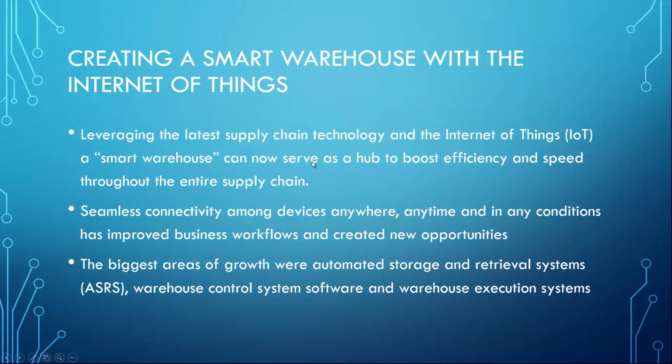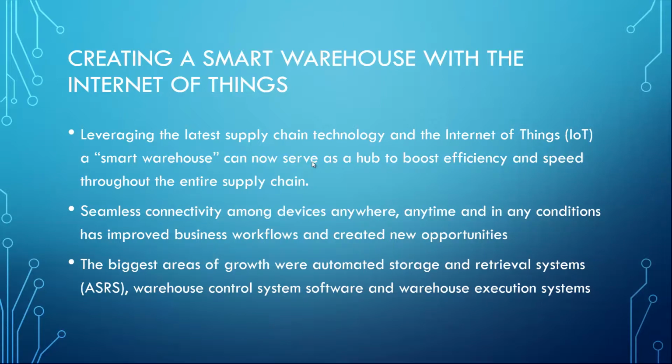New warehouses are connected with all types of technologies, including sensors, cameras, scanners, mobile devices, and many other things. All these devices are connected with each other through the internet. This type of technology is called Internet of Things, where all these things are connected together.